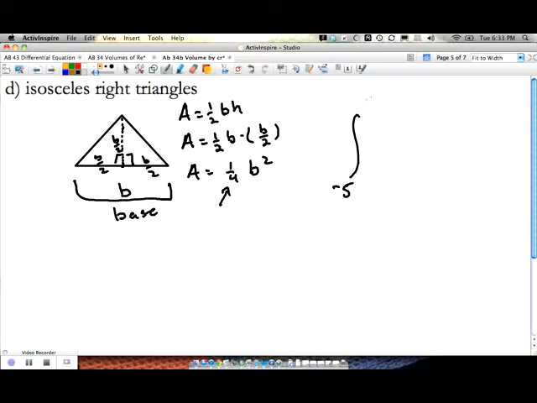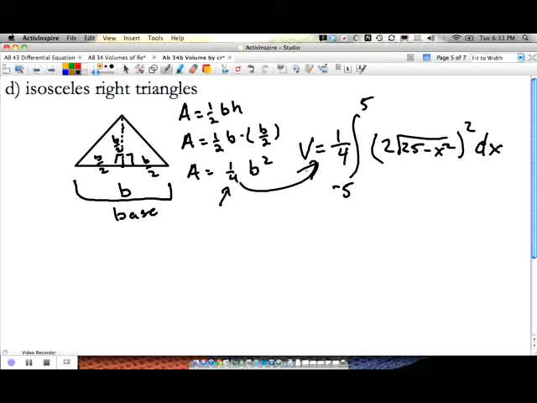So when I set this one up, we're going from -5 to 5. We still have the dx. We still have our base squared, which is 2 radical 25 minus the x squared. And then out front, we have our constant 1/4. That's what we're looking for.